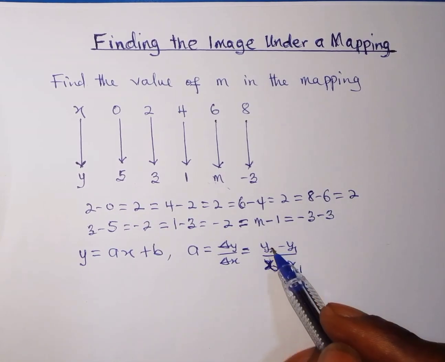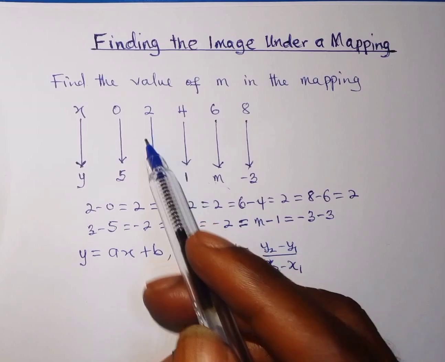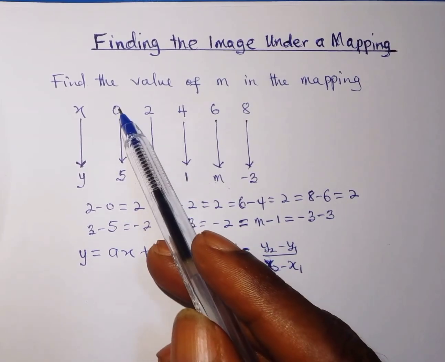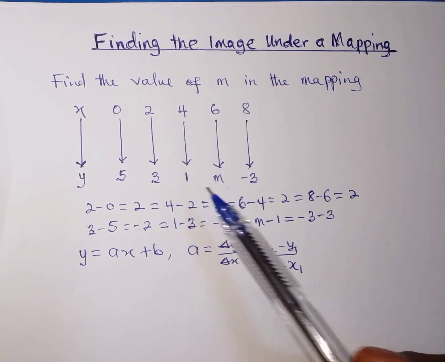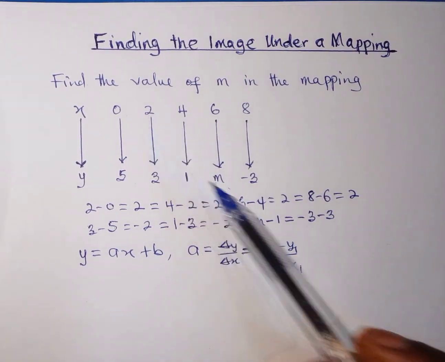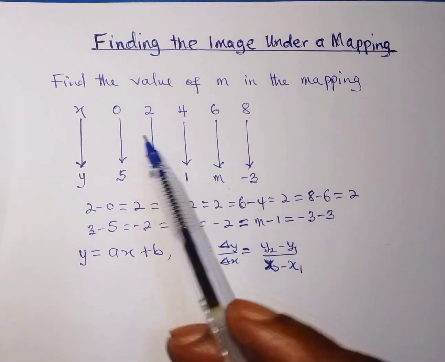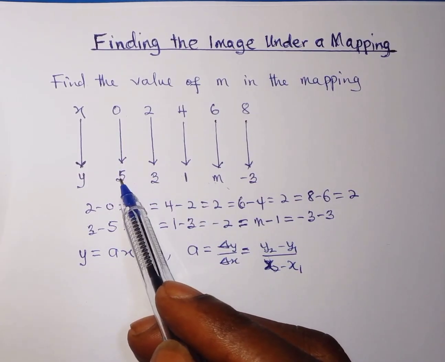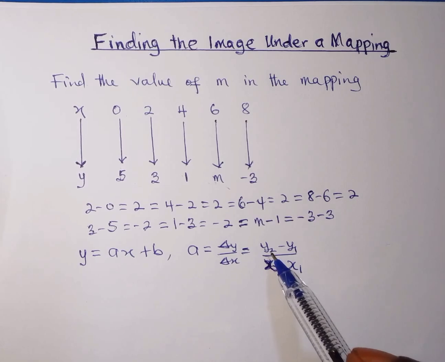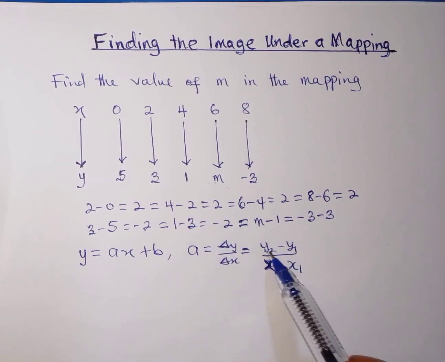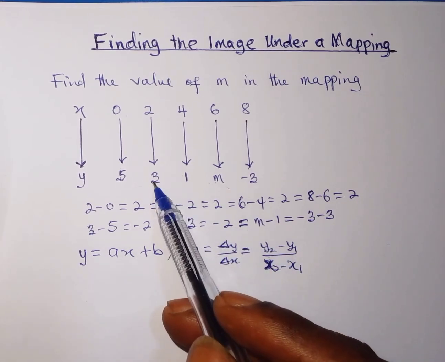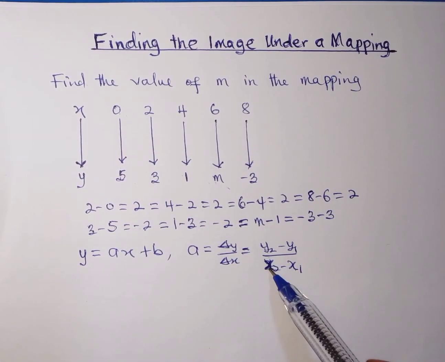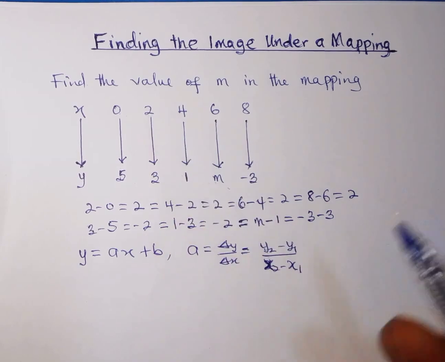So what will be my y2? I can decide to pick this number and this number, or this number and that number. Any of them that I pick will work for me. So I will pick my y1 as 5 and my y2 as 3. Then I'll pick my x1 as 0 and my x2 as 2.